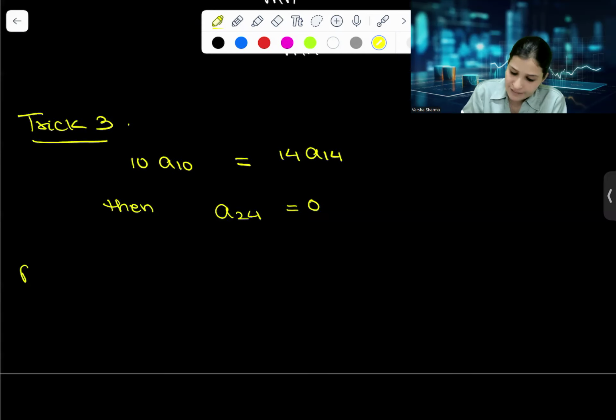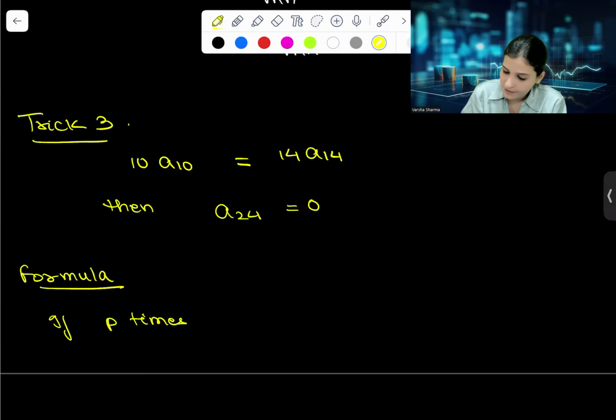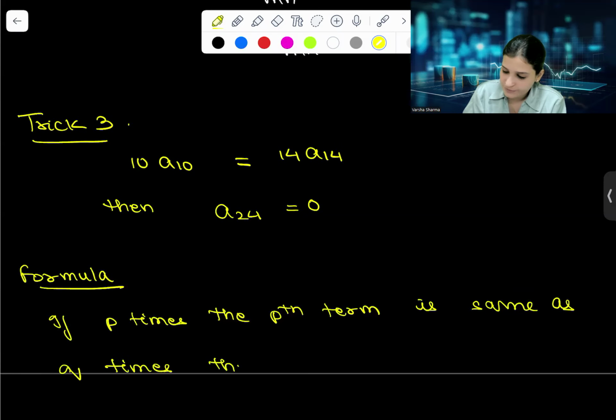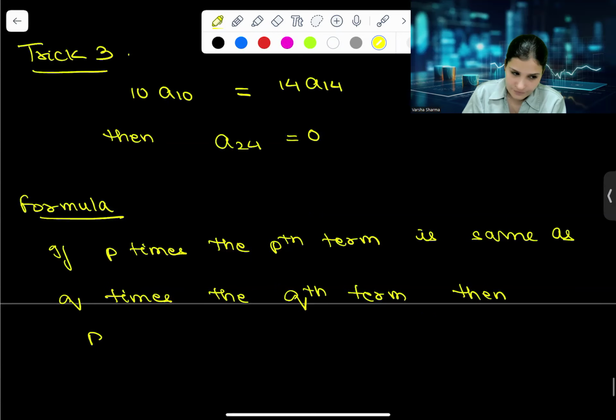So, formula wise, if P times the pth term is same as Q times the qth term, then the (p plus q)th term is 0.